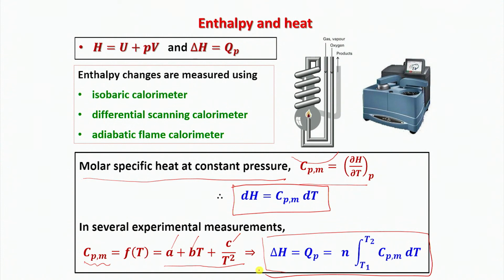If for a given substance the molar specific heat is independent of temperature, then you can take this term out from the integration and say that in that case delta H is going to be n Cp,m into delta T. But in many cases, as I have already mentioned, Cp molar is a quantity which depends on temperature, and therefore one has to explicitly know the molar specific heat as a function of temperature to be able to evaluate this integral and hence find out what delta H is.